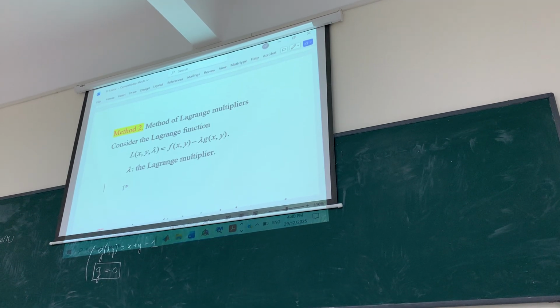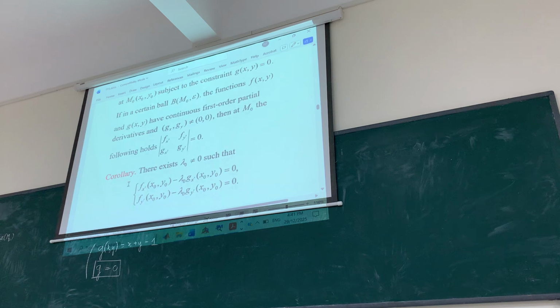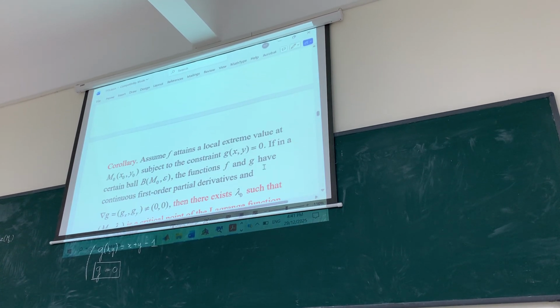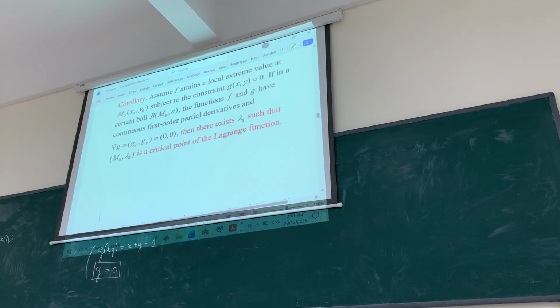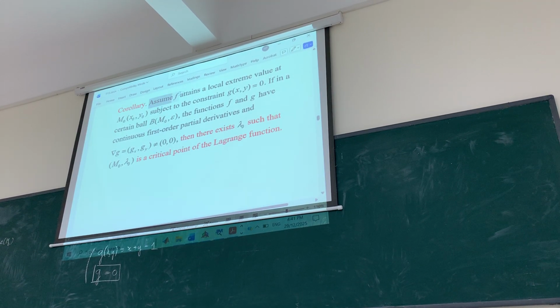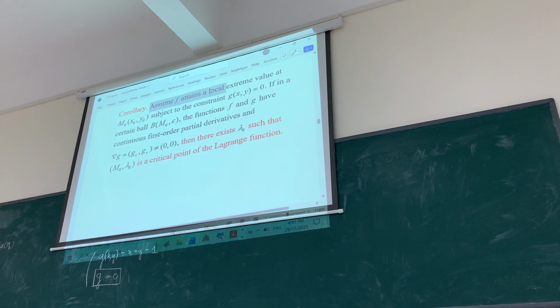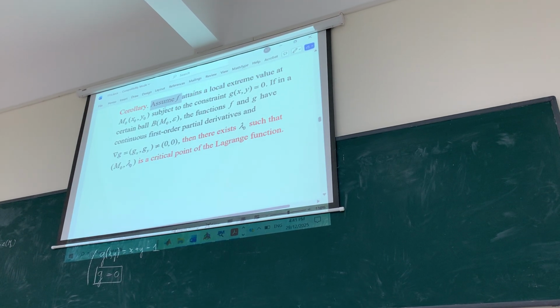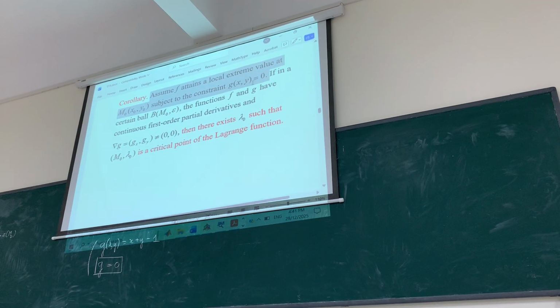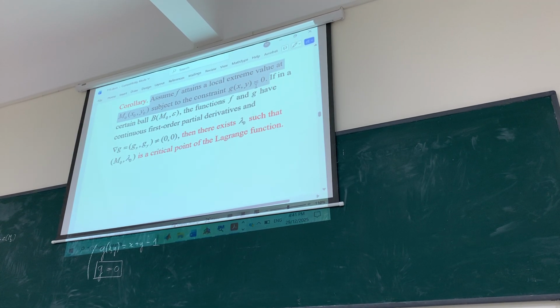Okay, continue. We have the property. You can write it out. Assume the function f obtains a local extreme value at the point M0, subject to the condition z equals 0.